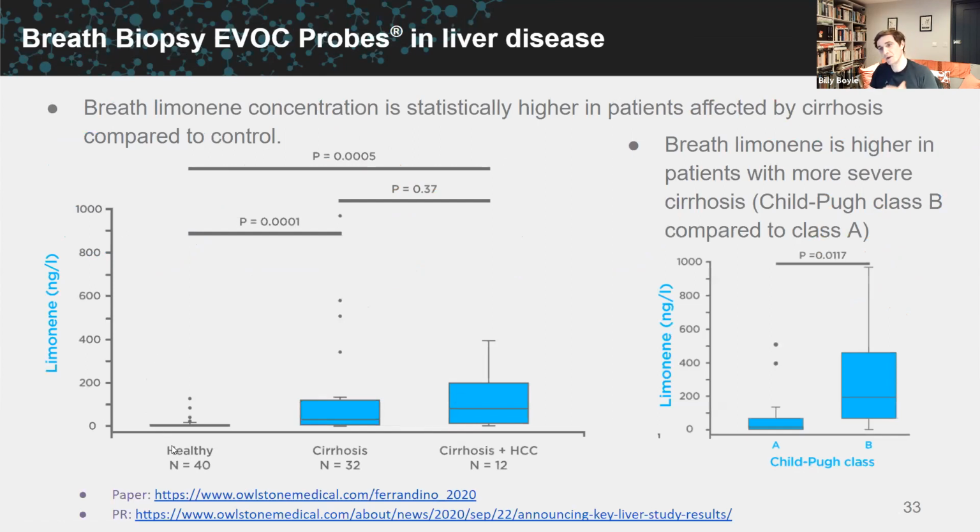For people who are healthy, you have very low levels of limonene, and then patients that have liver disease and liver disease complicated by liver cancer have much higher levels of limonene. And this seems to scale with the severity of the disease as well. So this is a really exciting finding, and that's allowing us to push forward and think about the next phases of these clinical trials, where we can introduce very specific quantities of these evoke probe compounds such as limonene, but we can also combine them together.